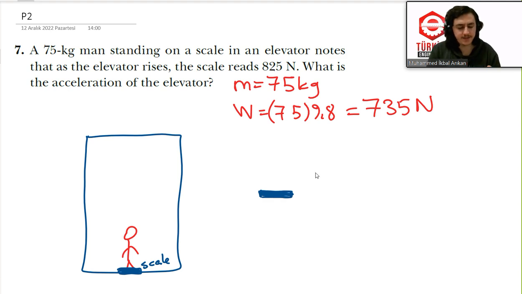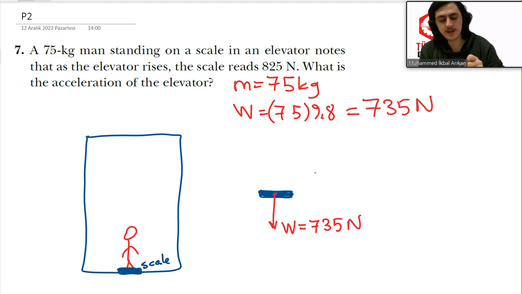We have a weight which is acting down, and this is the real weight, just 735 newtons, right? But the normal force, which is applied by the scale to the guy for pushing him up to accelerate.